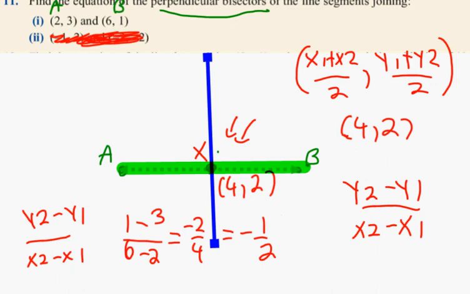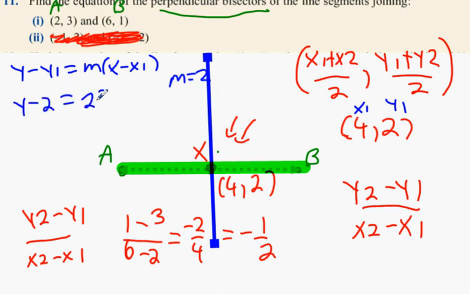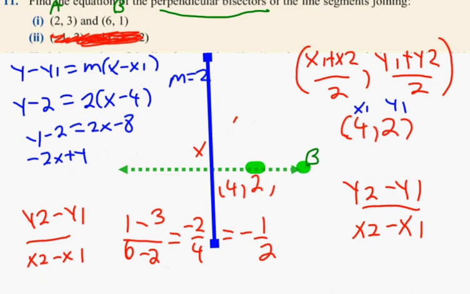What is it for the blue line then? x minus y minus 6 equals 0.